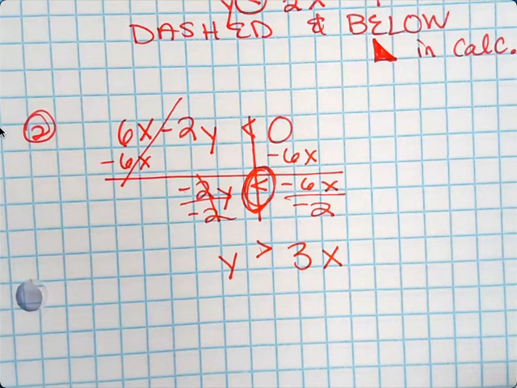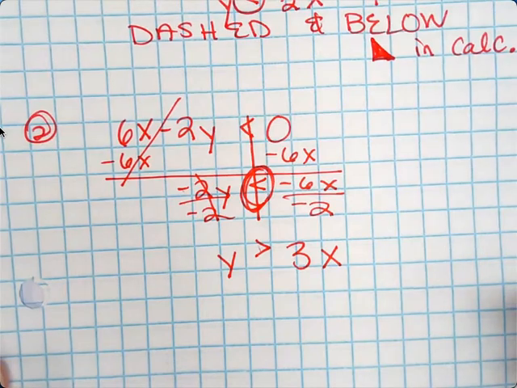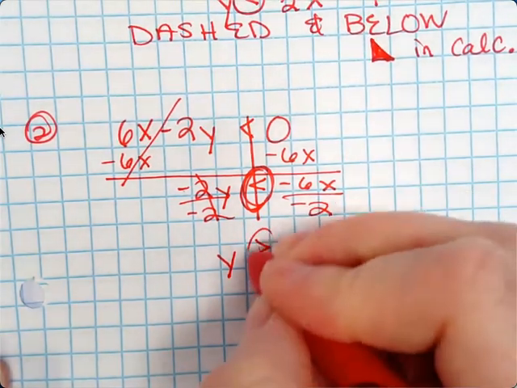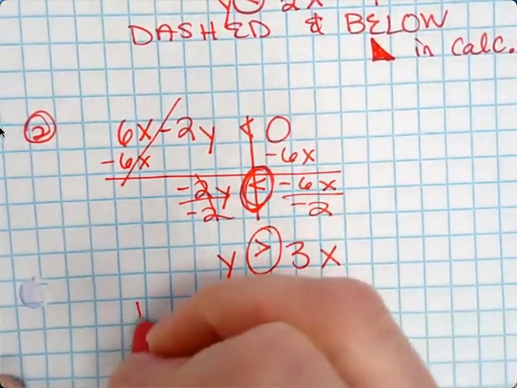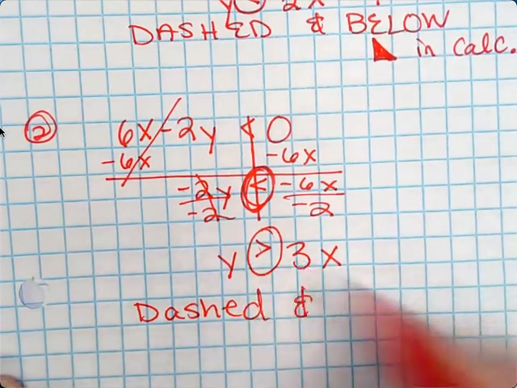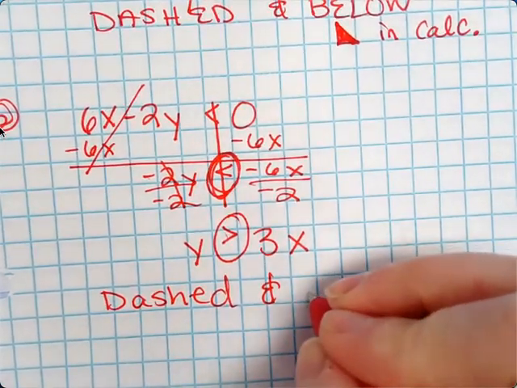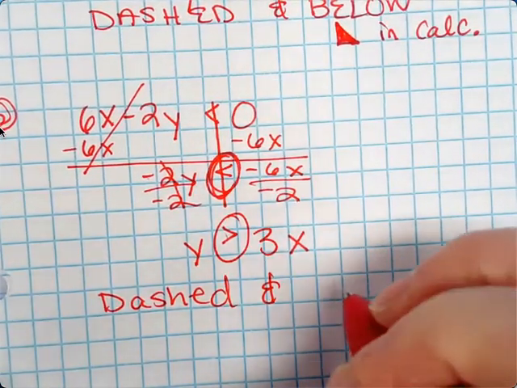So y is greater than 3x. So is this going to be dashed or solid? Dashed. And greater than means we are going to shade how? Below or above? Above.